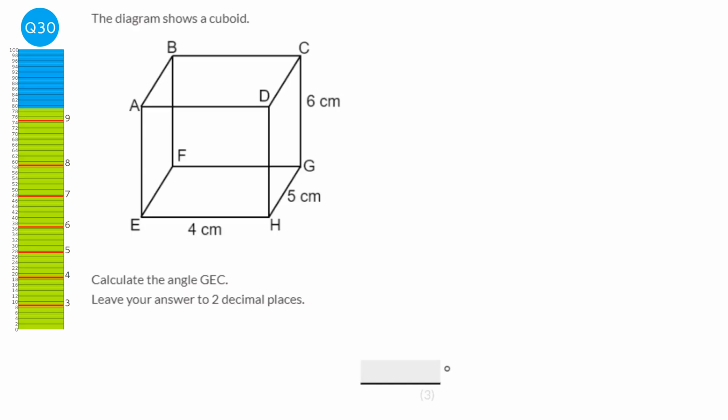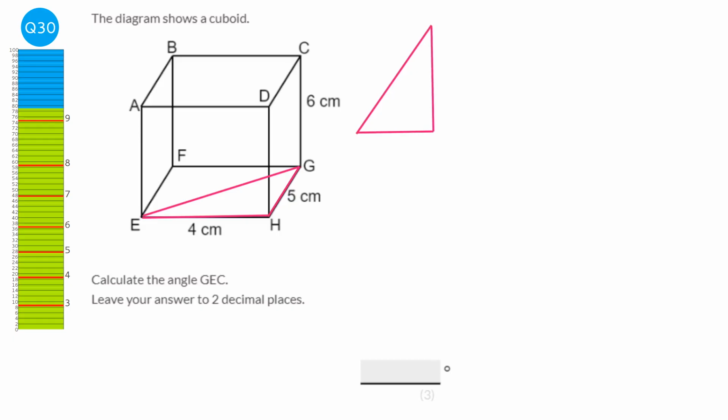To start off this question, you need to realise that EGH is a right angle triangle. And if I draw it in on the diagram, and then let's draw it as a two-dimensional right angle triangle, and hopefully we can see how to answer it.